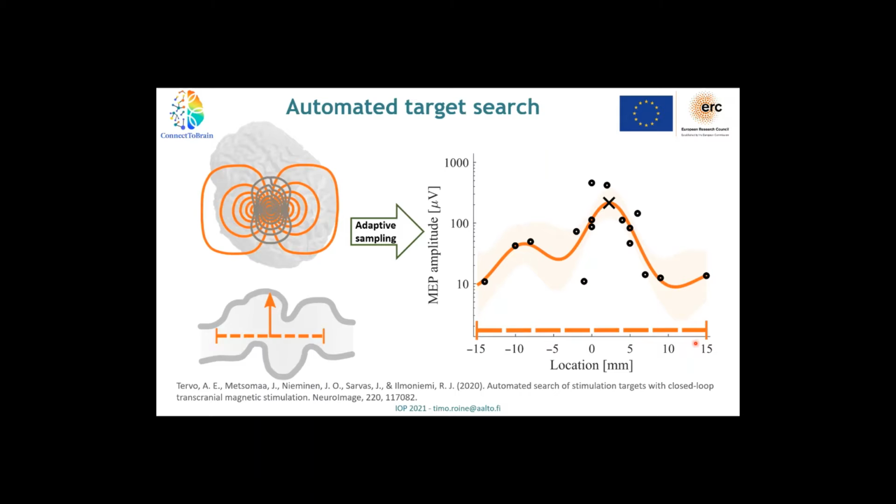These provide an operator-independent way to find the target locus, but also the best orientation for this specific target. And this example shows all of the stimulations with the circles that have been performed to find the hotspots marked by the X.